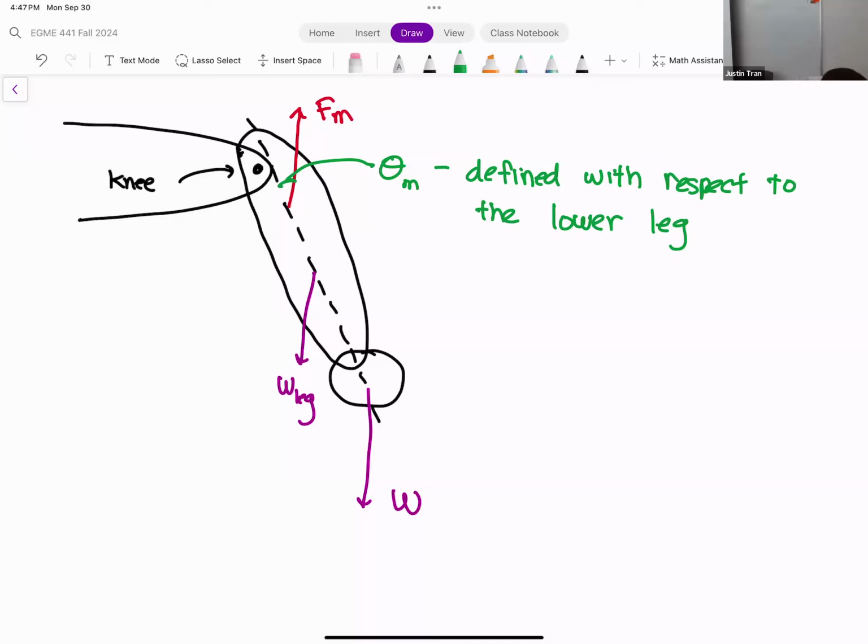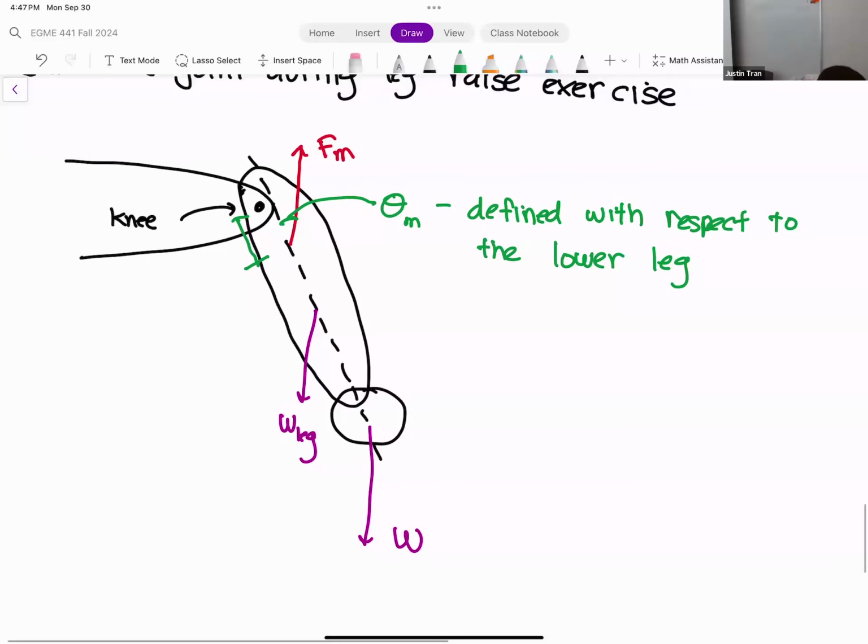All right, so we have this attachment distance as well. So the distance between the knee joint and where the muscle force attaches, we'll call this LM. Okay. We have the distance between the knee joint and where the weight of the leg acts, so we'll call that LL. Okay.